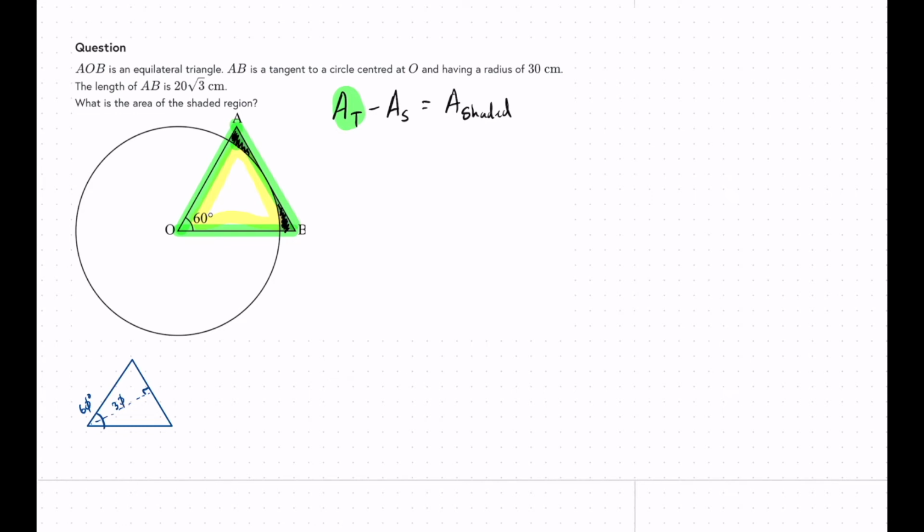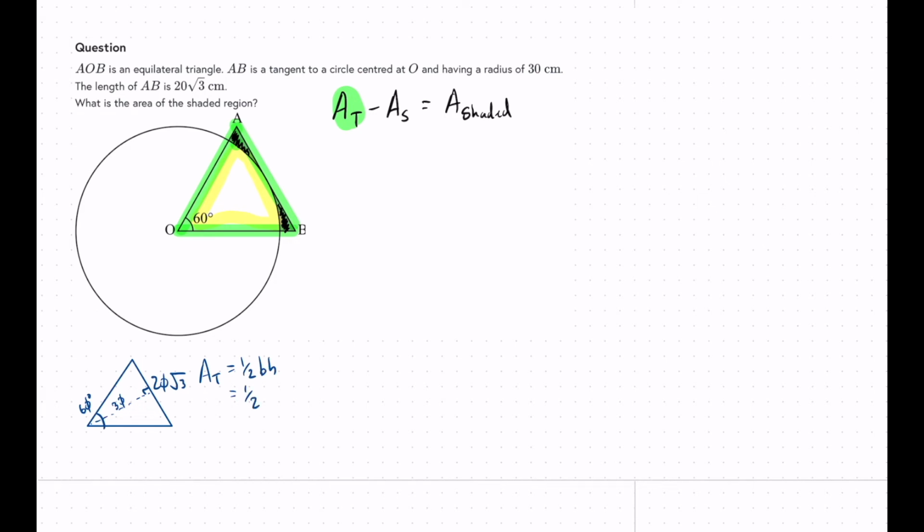The length of AB, which remember is this part to this part, as we can see over here, well, the length of that is 20 times the square root of 3. Now with this in mind, I know that the area of a triangle is equal to half base times height.